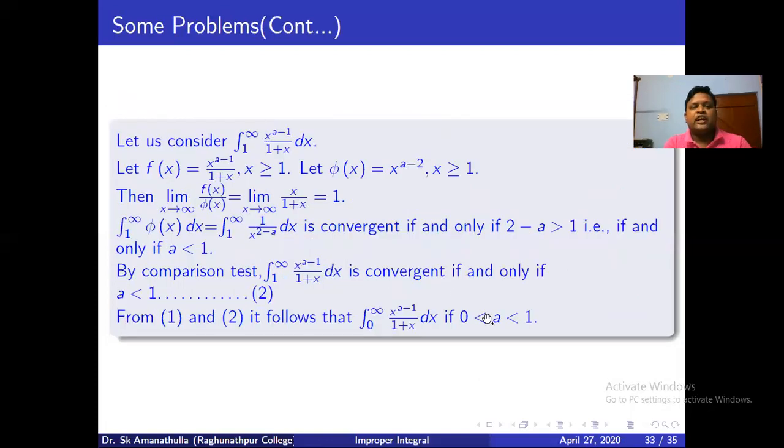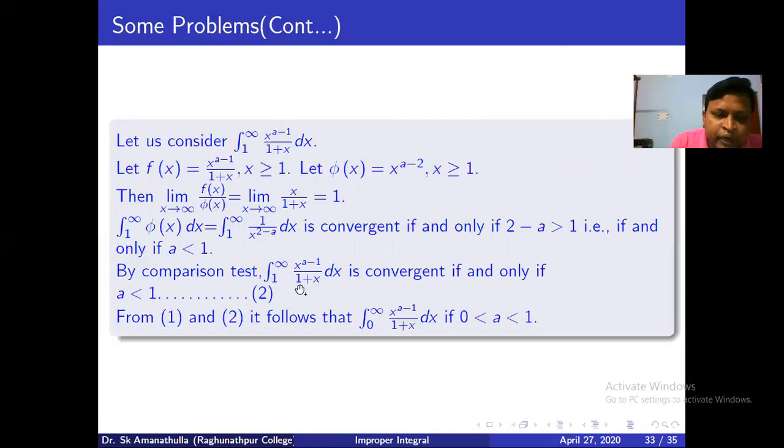Now we consider the convergence of the improper integral 1 to infinity f(x) dx. Here we take f(x) equal to this one and phi(x) equal to that one. Then these two limit is a non-zero finite number, and integration 1 to infinity phi(x) dx equal to this one, and we know that this is convergent if 2 minus a greater than 1, that is if and only if a less than 1.